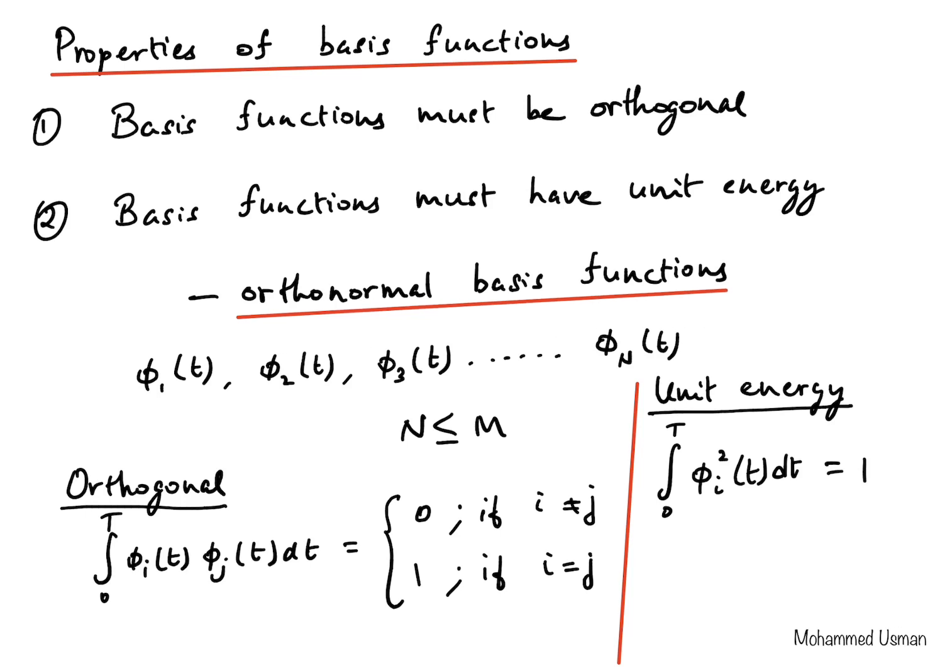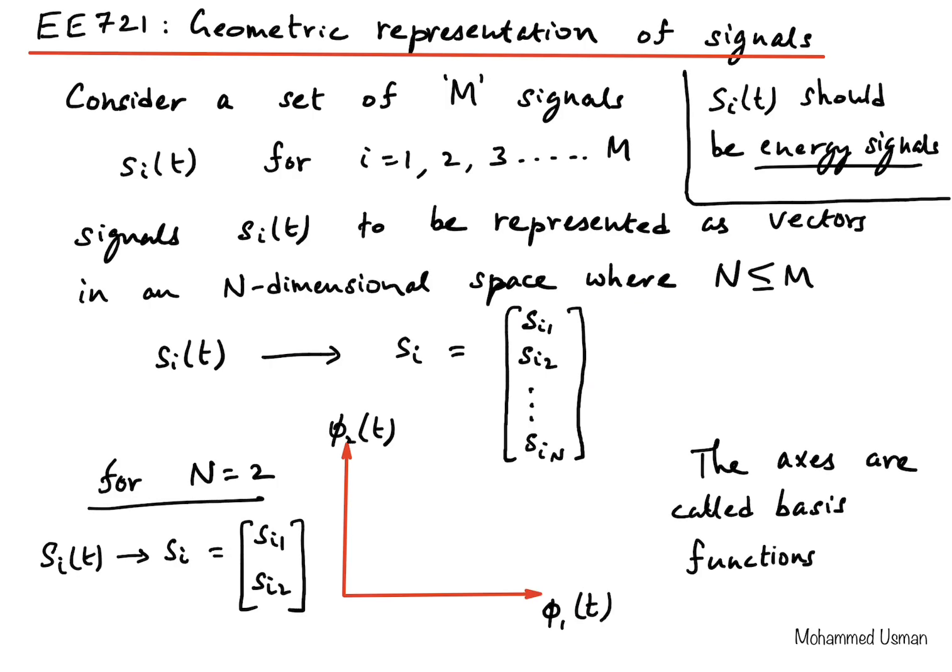Now the next thing we are going to do is represent the signals s_i of t using the basis functions phi 1 of t, phi 2 of t, phi 3 of t, and so on up to phi N. We have seen earlier how we can write each signal as a vector of length N, where the elements of the vector are defined as s_i1, s_i2, and so on.